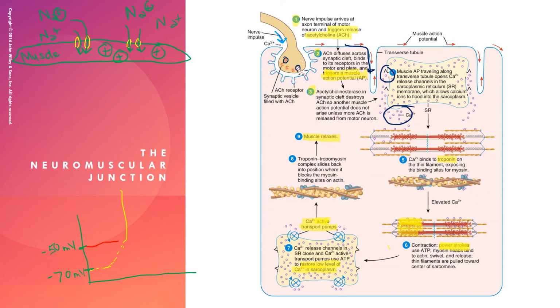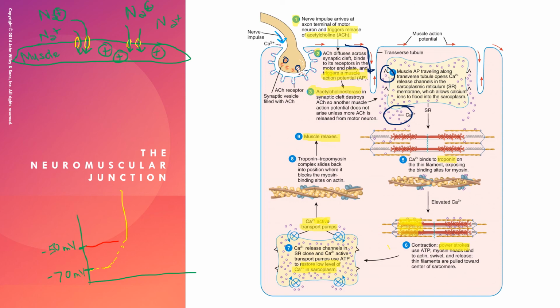Now, back here at the neuromuscular junction, the effect of acetylcholine binding lasts only briefly, and that's because acetylcholine is actually rapidly broken down by this enzyme called acetylcholinesterase. Remember when I talked about we need to break down that acetylcholine so that it's not continually activating those membrane proteins to allow that action potential to continue.